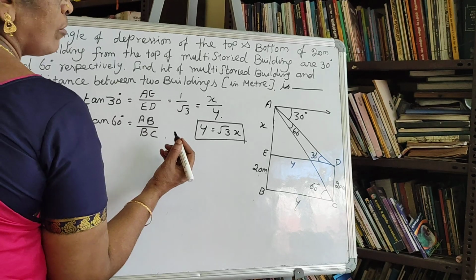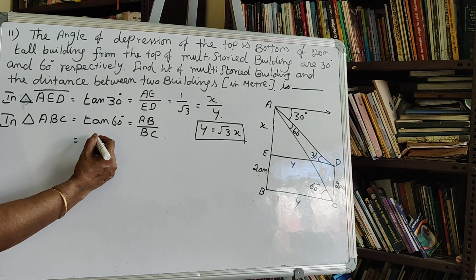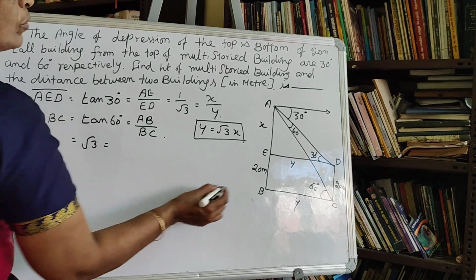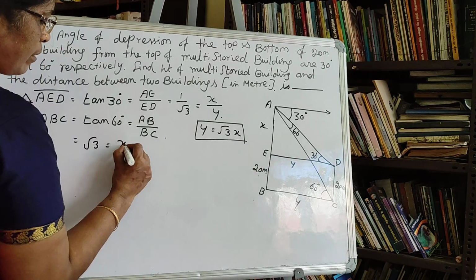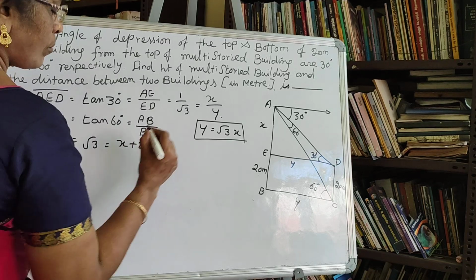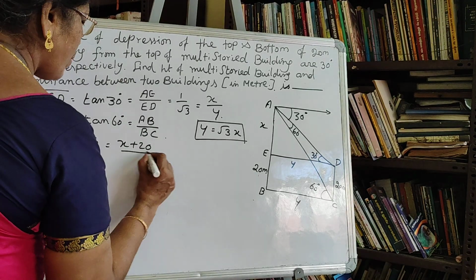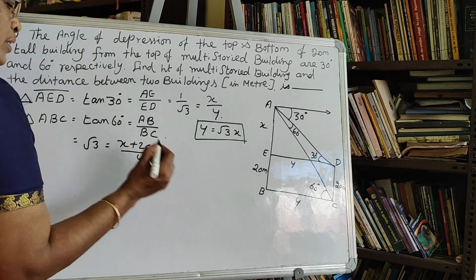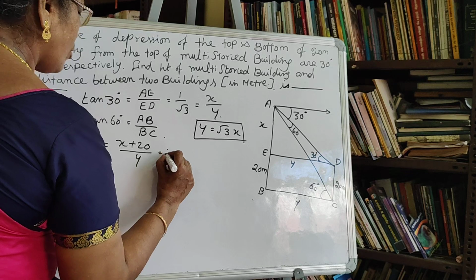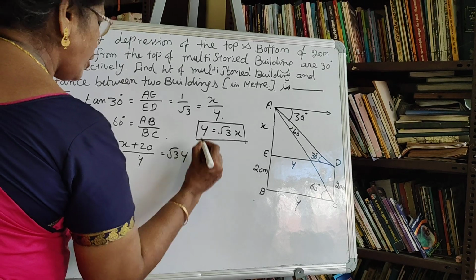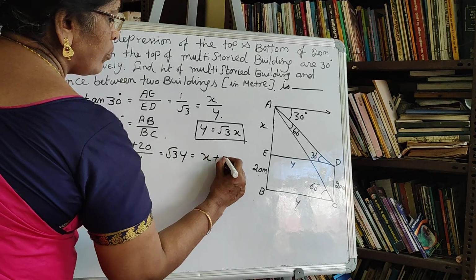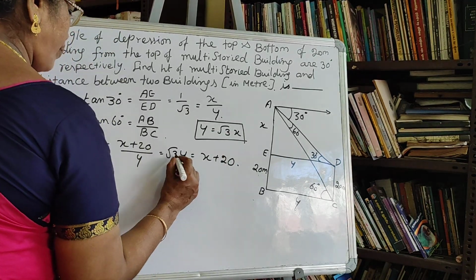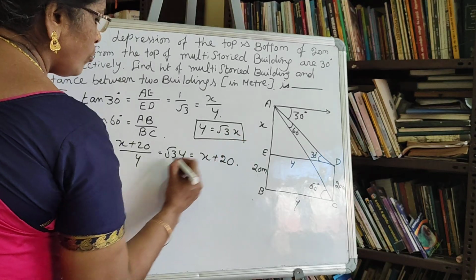Now tan 60 equals root 3, equals AB, X plus 20, by Y. In cross multiplication, root 3 Y equals X plus 20. Y value is root 3 X.